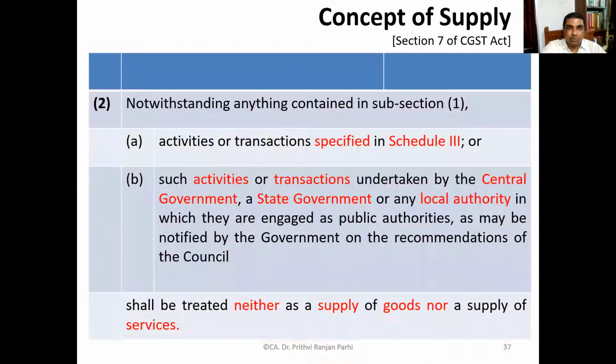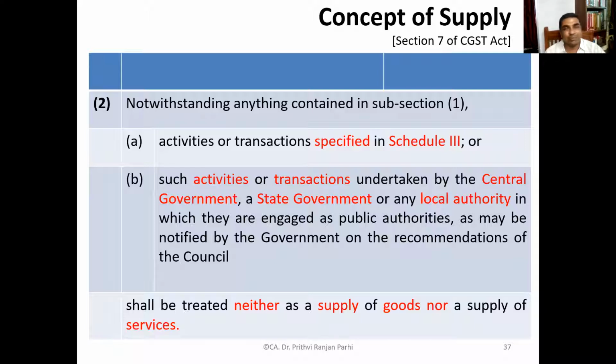Now, subsection 2 says that notwithstanding anything contained in subsection 1, the activities or transactions specified in Schedule 3, or any activities or transactions undertaken by central government, state government, or any local authority in which they are engaged as public authorities, as notified by the government on recommendation of the council, shall be neither treated as supply of goods nor as supply of services.